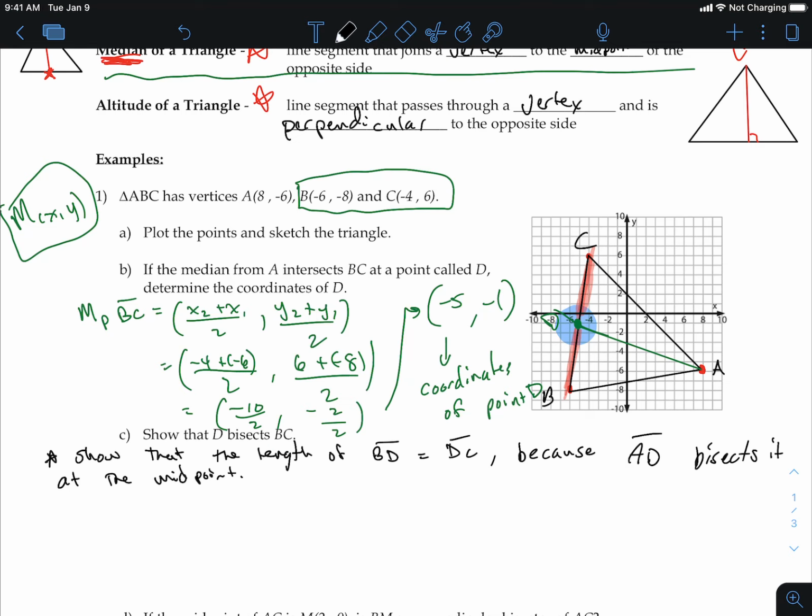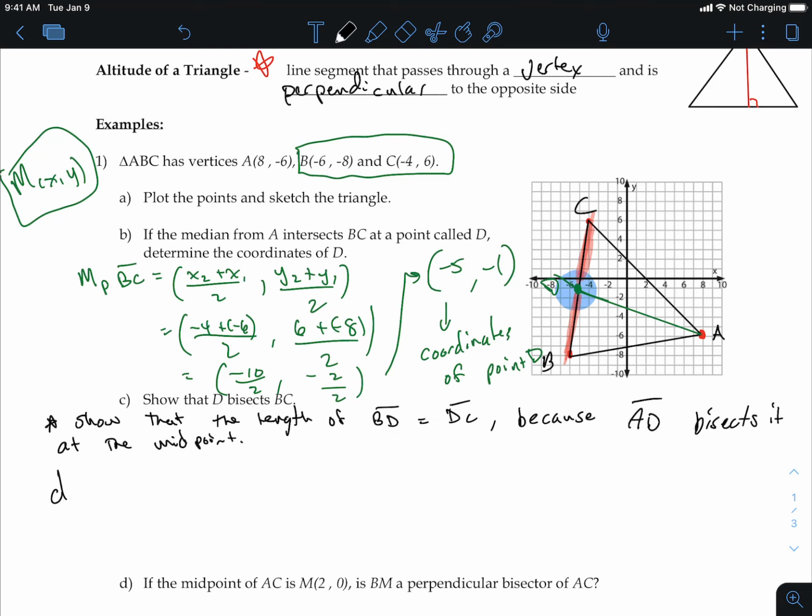So if I go to your distance equation of BD, let's see what that length is. We're going to go to the square root of x2 minus x1 squared, and we're going to add that to y2 minus y1.